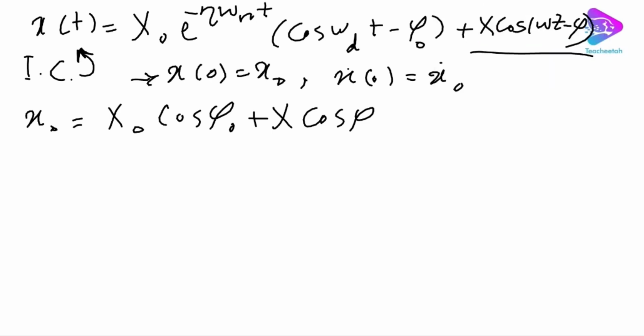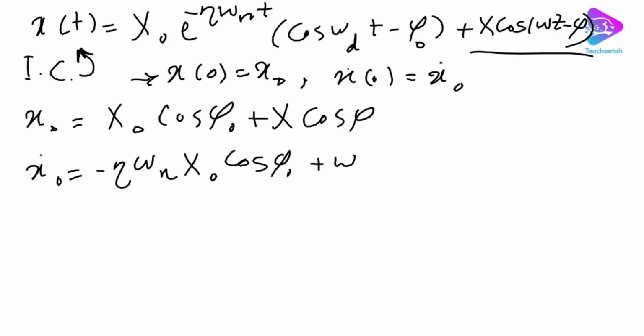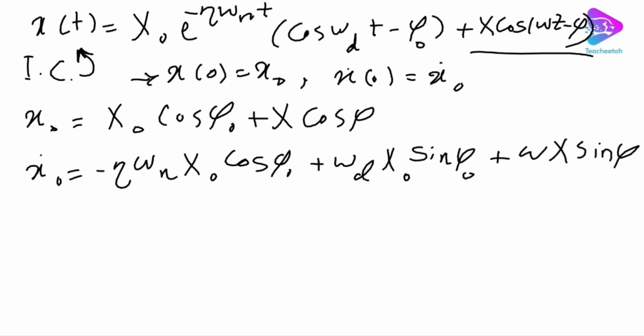And to find x dot naught, just take the derivative and then plug in 0 for t. So this gives us minus zeta omega n X naught cos phi naught plus omega d X naught sine phi naught. This is from the first part of the derivation, and then we have the derivative of the steady state, which is omega X sine phi, right? I'm sure you can find that because it's just a derivation, and we plug in the numbers.